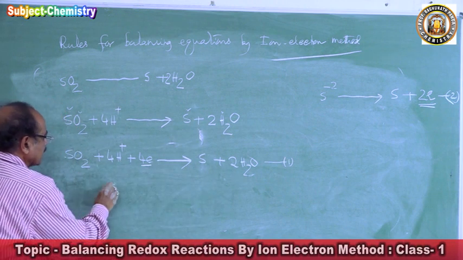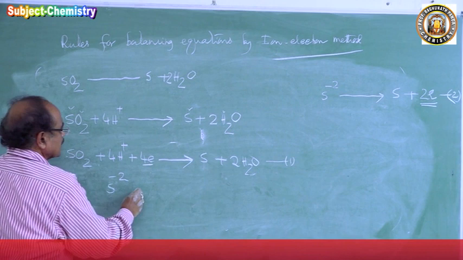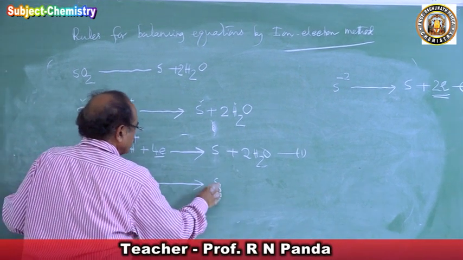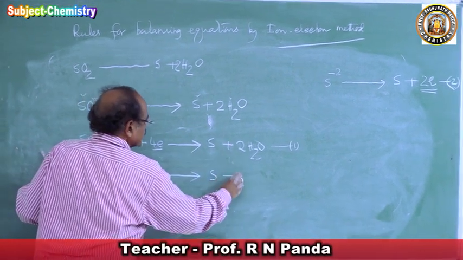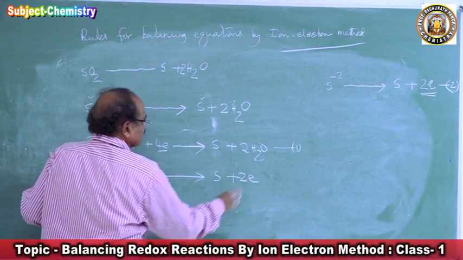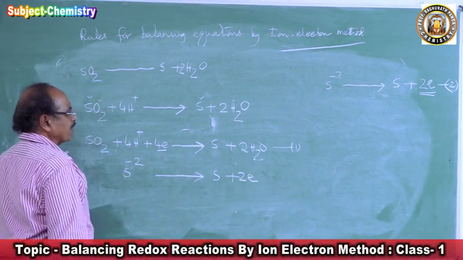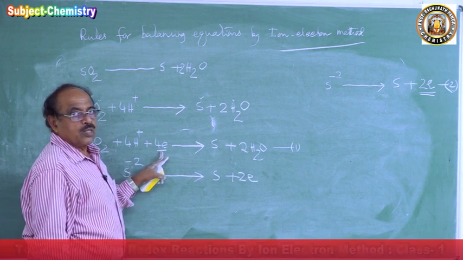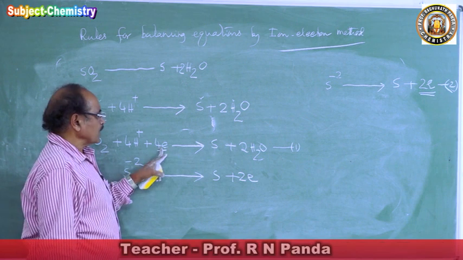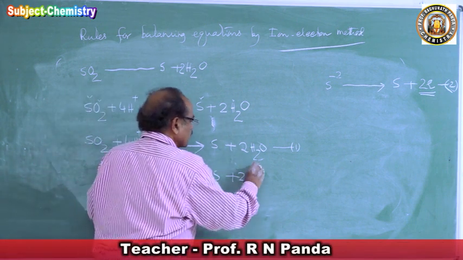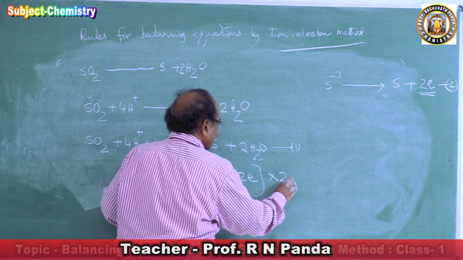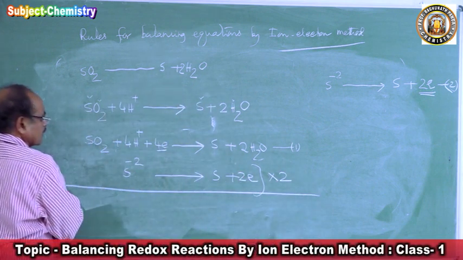So we write S-2 forming sulfur plus 2 electrons. What does the rule say? Balance the electrons by multiplying with simple whole numbers. We have 4 electrons here and 2 electrons here, so we'll multiply the equation by a simple whole number to cancel out the electrons.